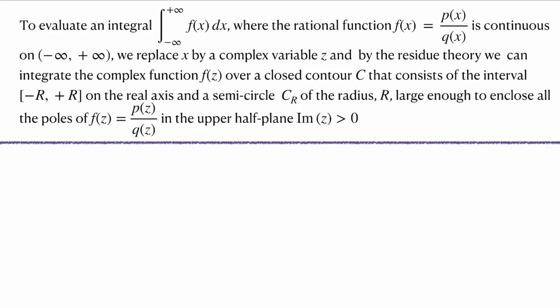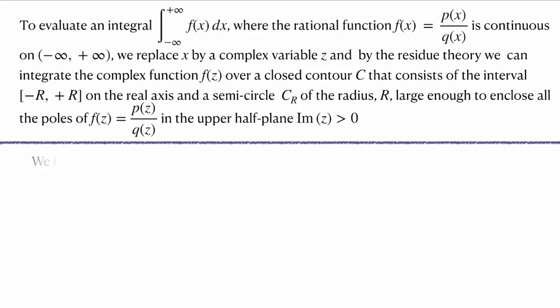The first thing to do is replace the real variable x by a complex variable and use the residue theorem for integrating f of z over a closed contour C. Contour C consists of an interval from minus r to plus r on the real axis and a semicircular arc C_R of radius r large enough to enclose all the poles of f of z equal to p of z by q of z in the upper half plane, imaginary z greater than 0. So this is the basic idea to use.